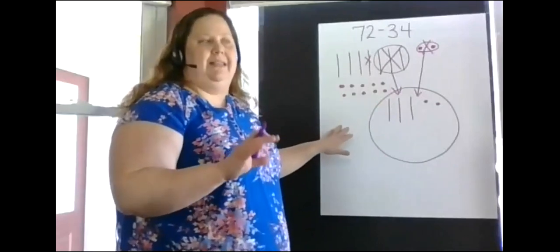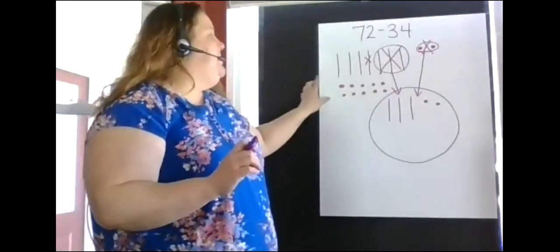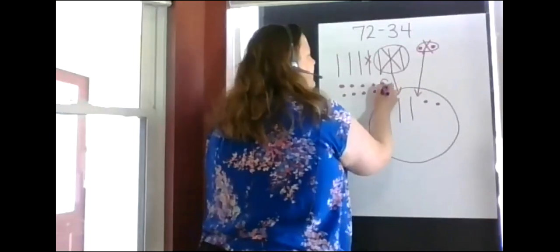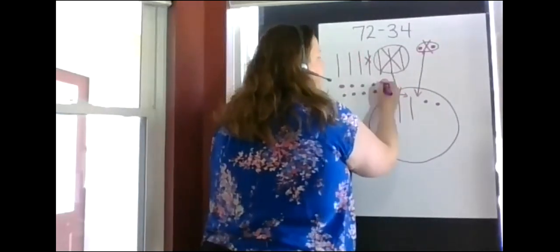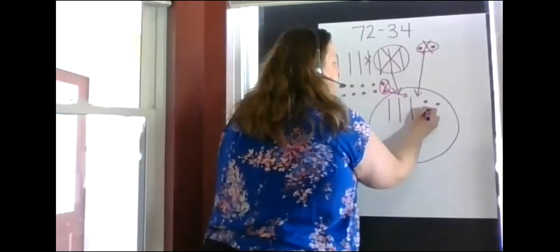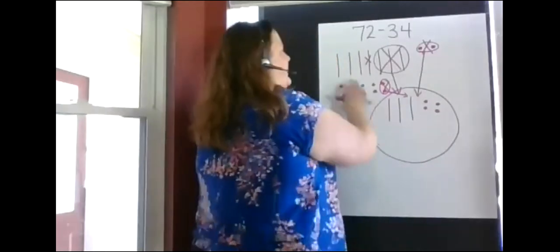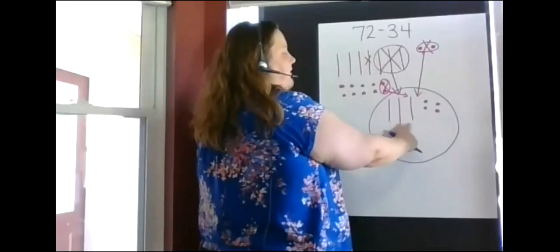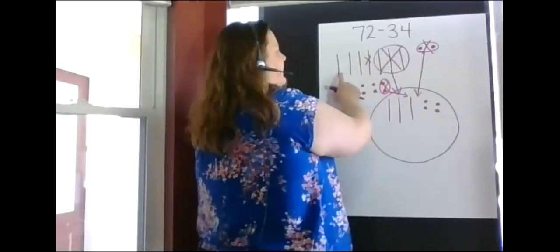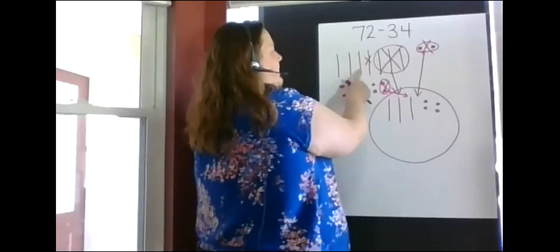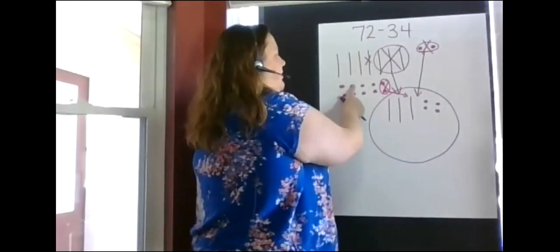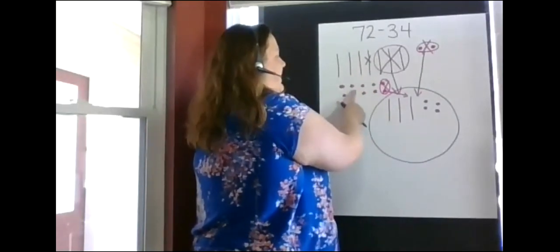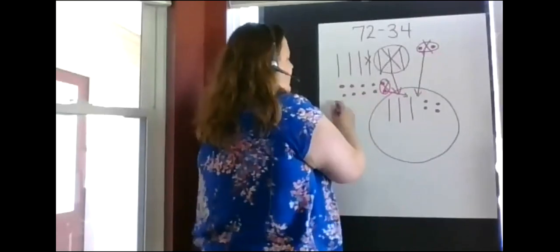So I want to make the fair trade first, and then I can take them away. Now I'm going to take these 2 and move them over here. So I started with 72, I have now removed 34, and I'm left with 10, 20, 30, 31, 32, 33, 34, 35, 36, 37, 38.